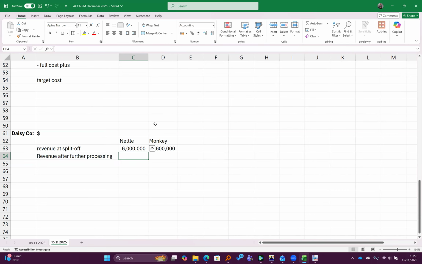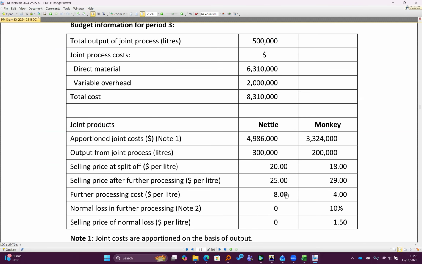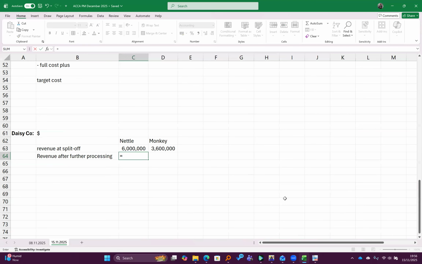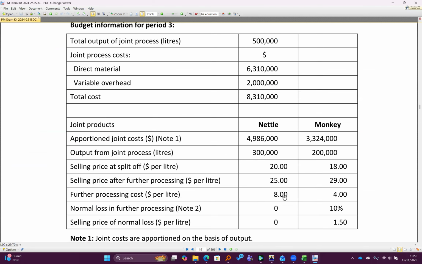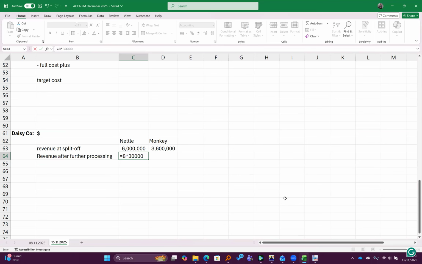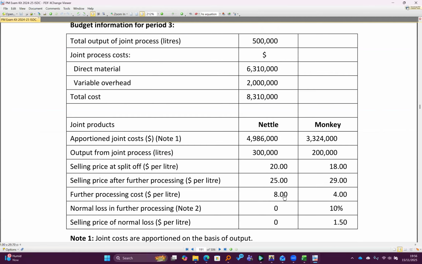So when you do further processing for the netto, you sell at 8 and there's the same 300,000. But for the monkey, you say that... have I used the right amount?